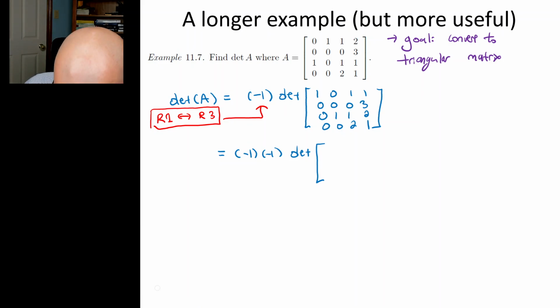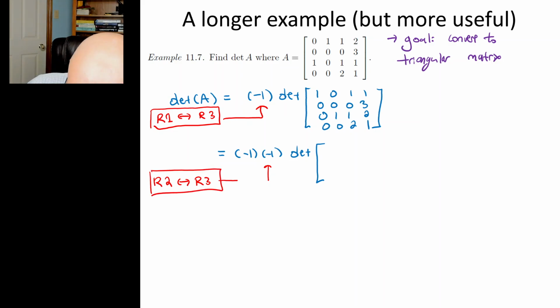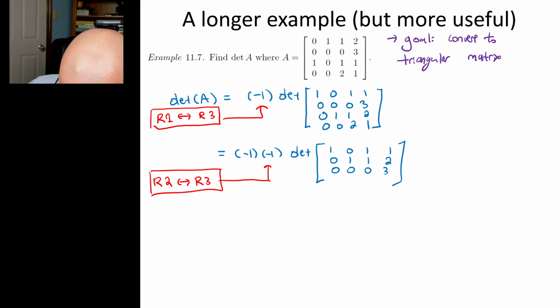So that additional minus sign, that is the cost of row 2 swapped with row 3. 1, 0, 1, 1, 0, 1, 1, 2, 0, 0, 0, 3, 0, 0, 2, 1. And we're almost there.